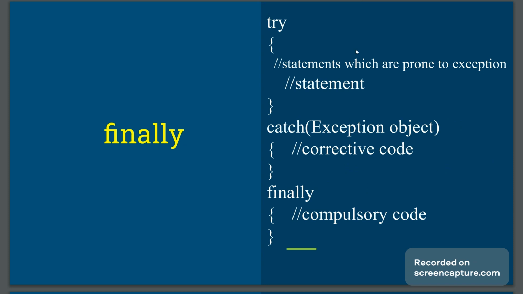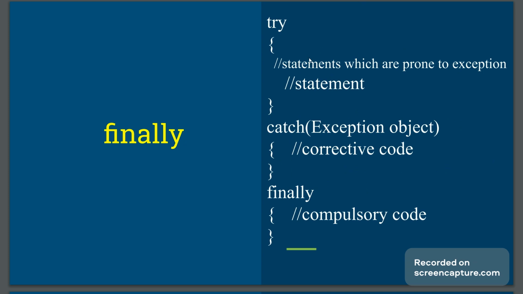Moving on, the next keyword for handling the exception is finally. We have seen the try catch block. If an exception doesn't occur at the statements written in the try block, the catch block will not be executed because it will be error free code. So that will be a smooth execution and normal termination of our program.